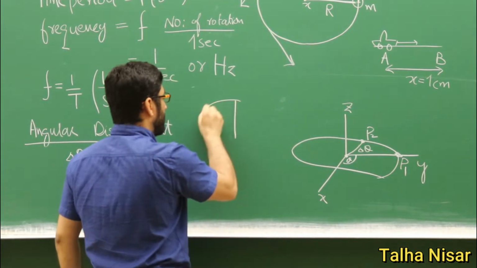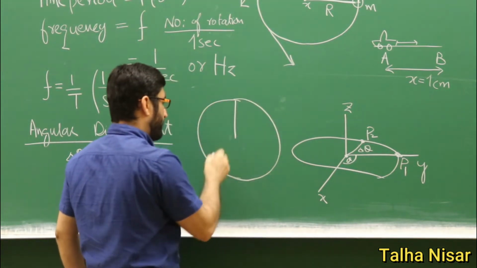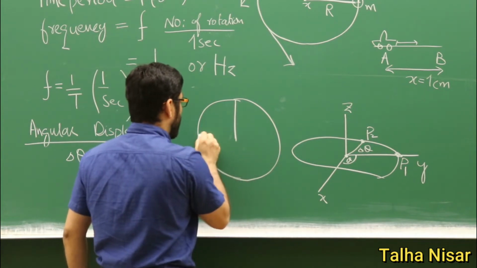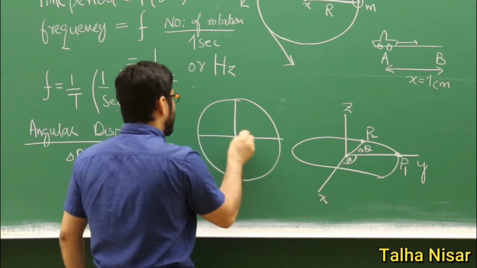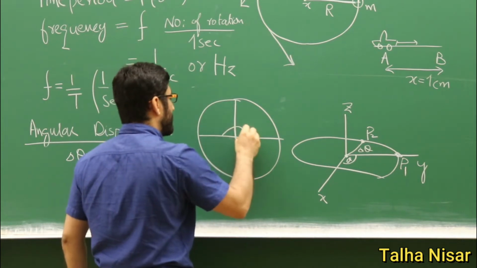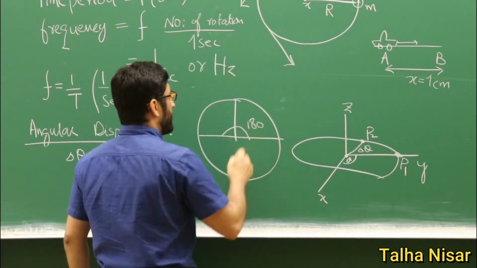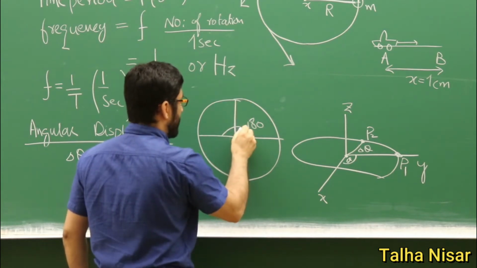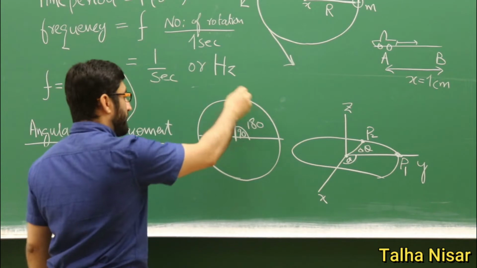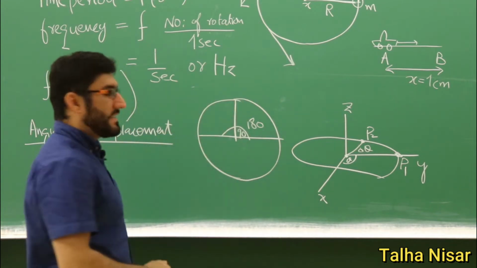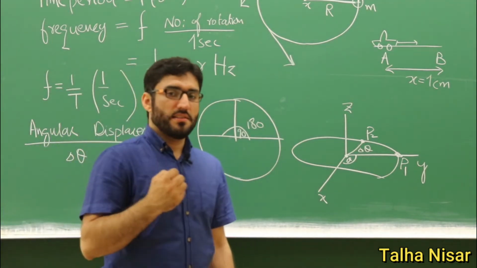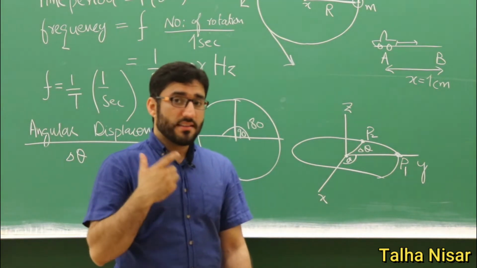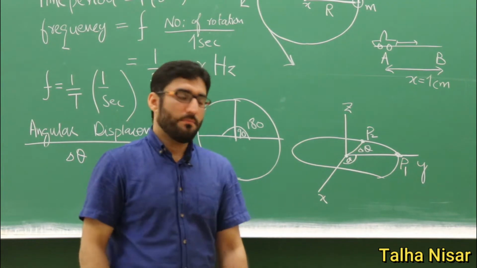For example, we have a circle. A straight line here is 180 degrees, and if we divide this by 2, we have a perpendicular line, which is 90 degrees, and the complete circle is 360 degrees. So this is one unit, degrees, which is also used in some books.